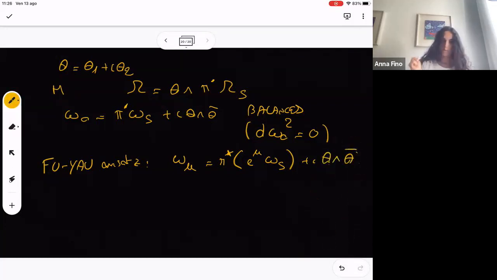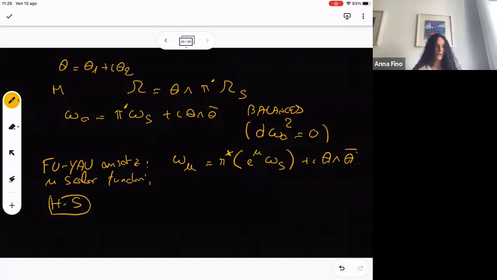This part you don't change, and u is just a scalar function.